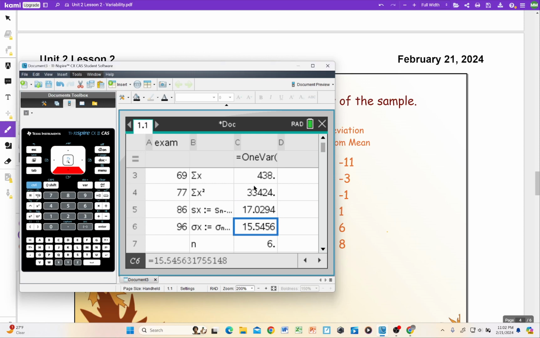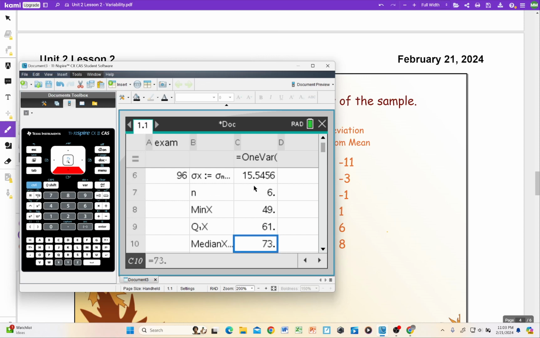This assumes that the data you put in is a population. This divides by n instead of n minus 1. We actually don't really use this one often because most of the data that we take is a sample, not a population.